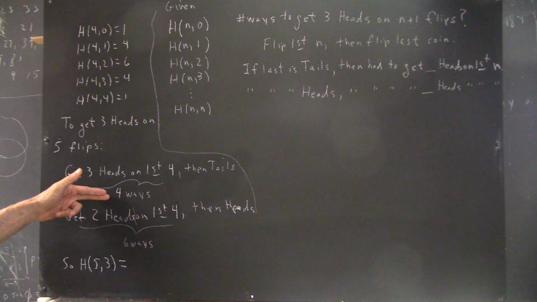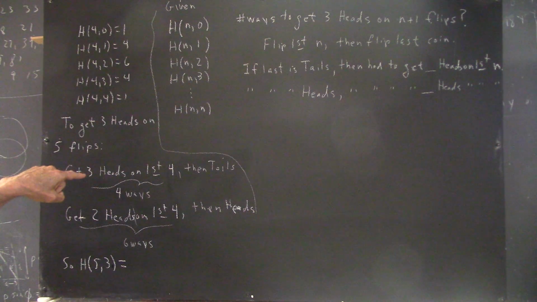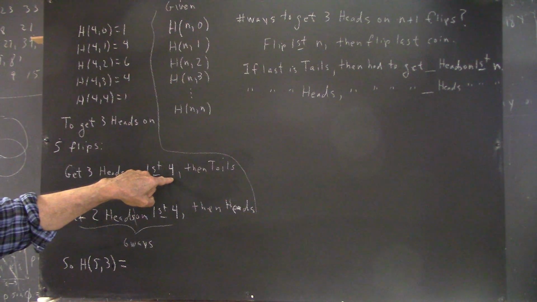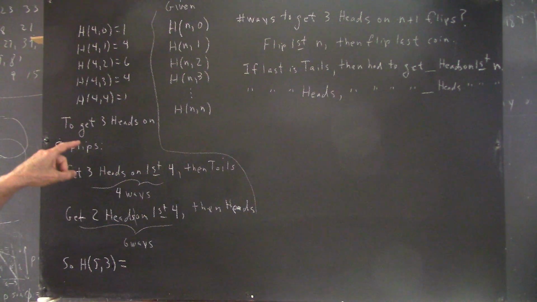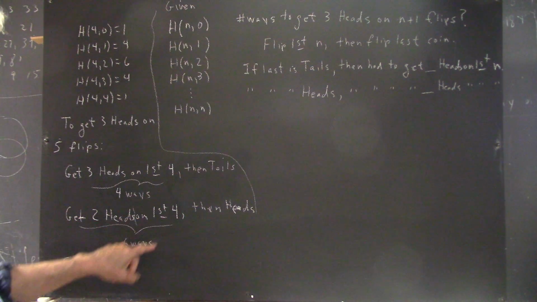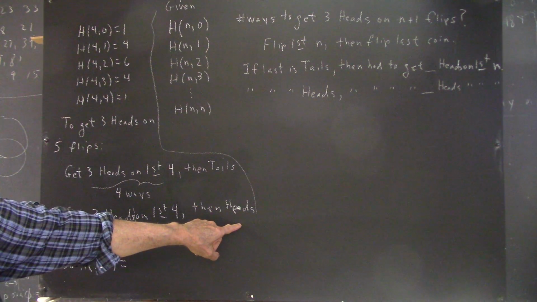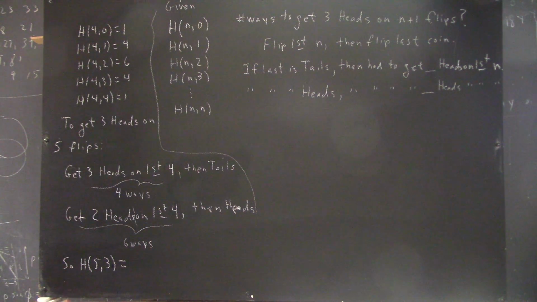So there are 4 ways to get 3 heads on 5 flips by getting 3 heads on the first 4 and then a tail. And then there are 6 ways to get 3 heads on 5 flips by getting 2 heads on the first 4, which can happen in 6 ways, followed by heads. So it follows that h of 5, 3 equals what?